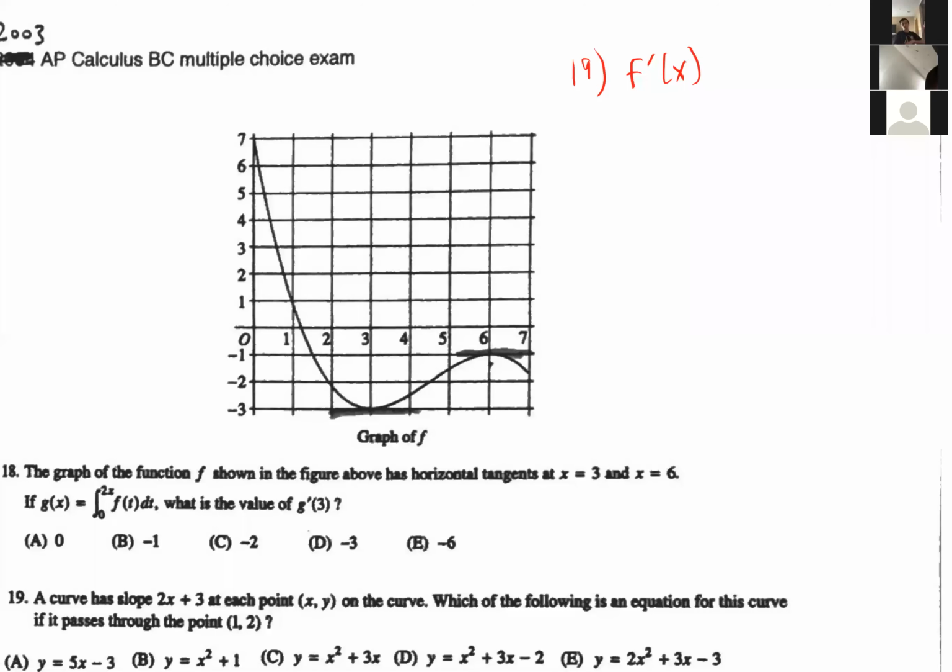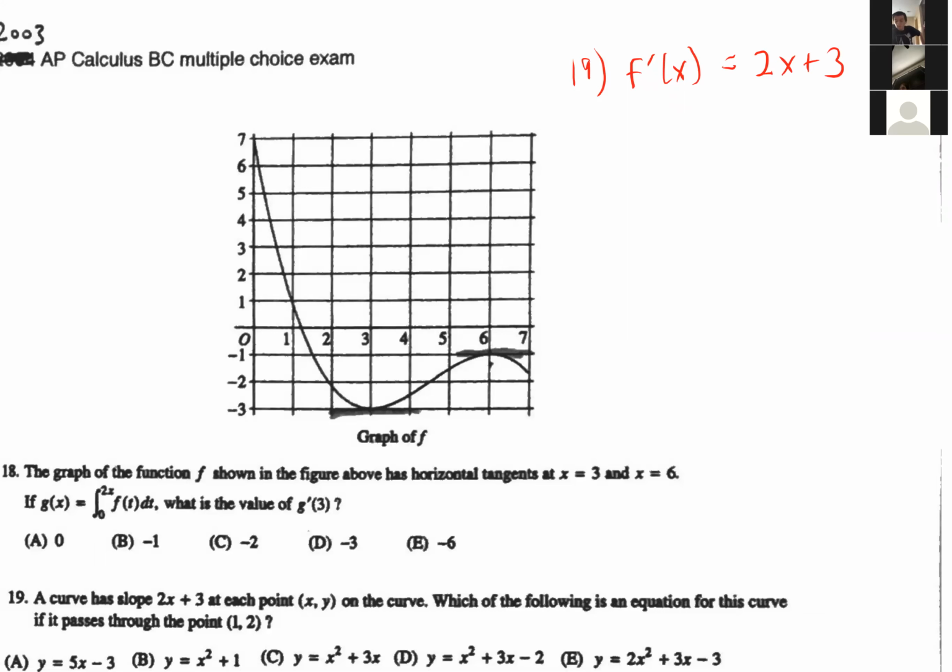It actually equals 2x plus 3. Don't find the slope of 2x plus 3 because this means the slope is changing over time. So it's not going to be linear. The curve has a slope of 2x plus 3 at each point. Which of the following is an equation for this curve if it passes through the point 1, 2?